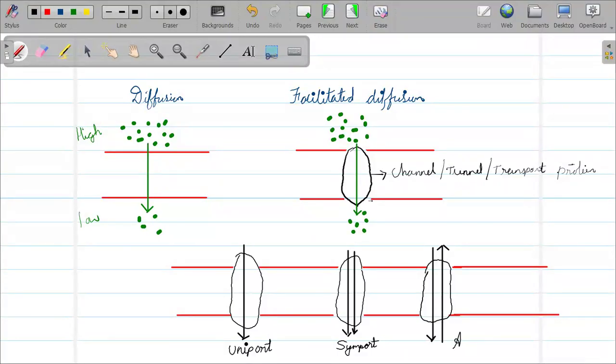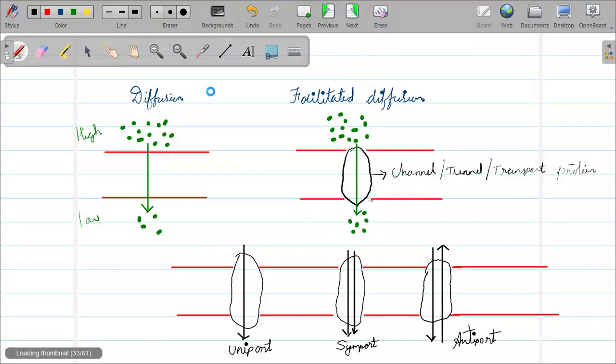This is called the antiport mechanism. So these are the following types of passive transport. We have osmosis also, which we can discuss a little later. I won't be discussing osmosis today.